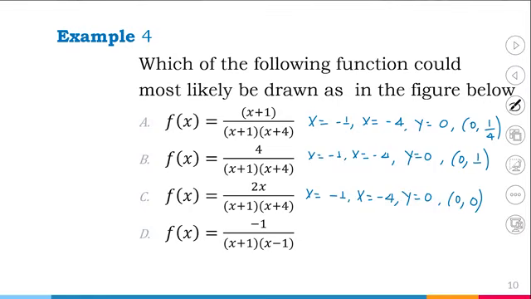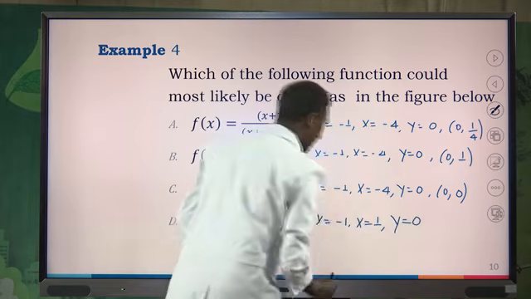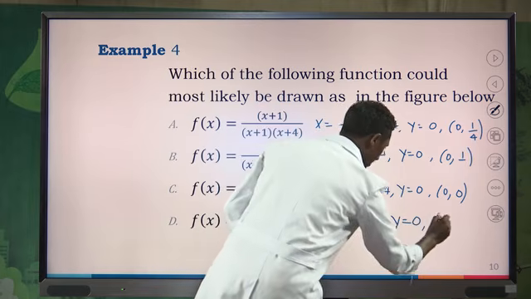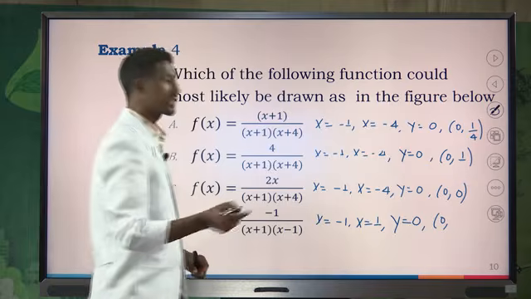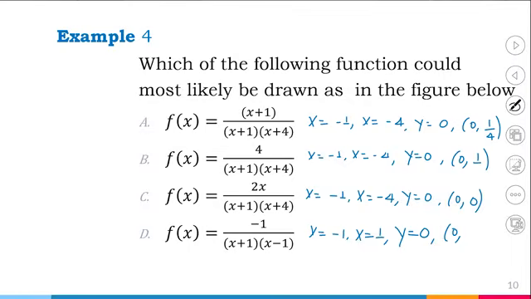Then finally for this one, x equals minus 1 and x equals 1 are vertical asymptotes. The horizontal asymptote is y equals 0. And at x equals 0, what is the value of y? That's the y-intercept of this graph. Minus 1 over 0 plus 1, that's 1. 0 minus 1, that's minus 1.